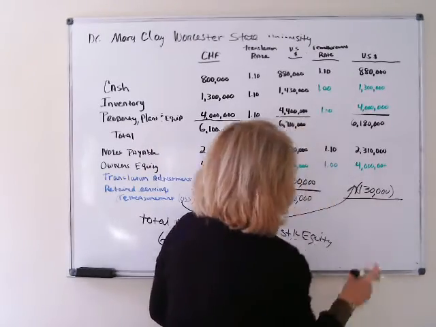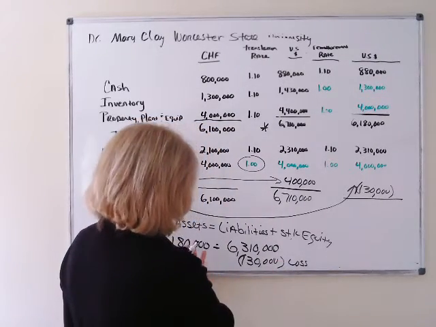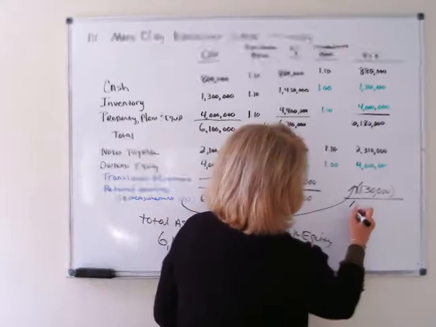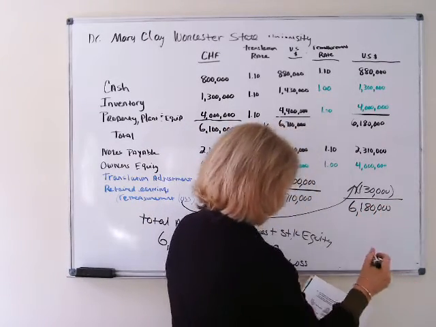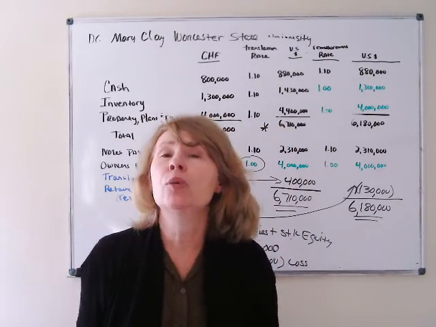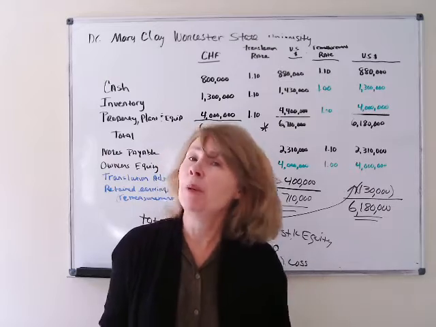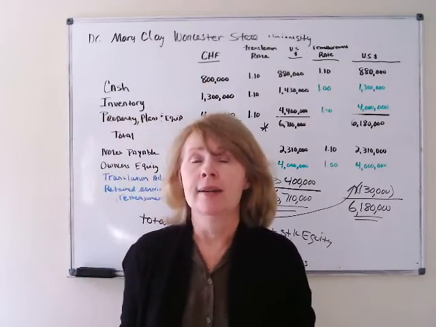You draw a line indicating you're going to total, and when you do, now it's going to equal that 6,180,000. Okay, and those are your final totals. So that's how you remeasure a simple balance sheet, or you translate a simple balance sheet.